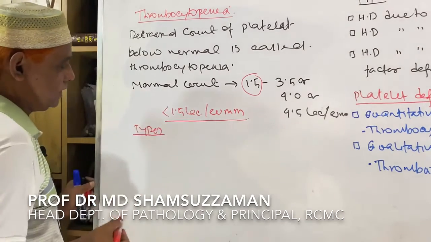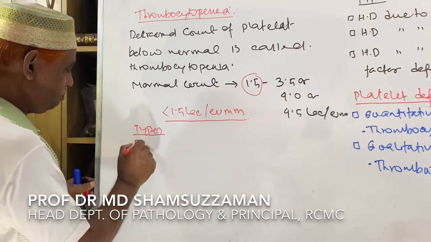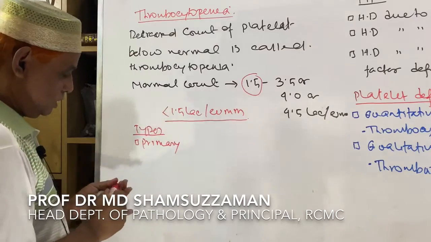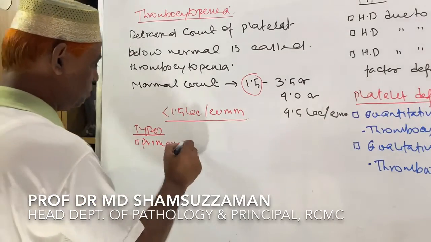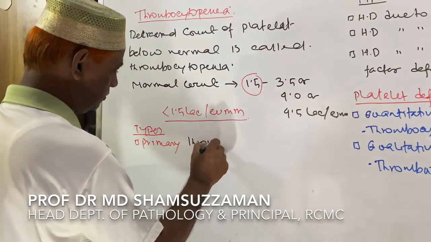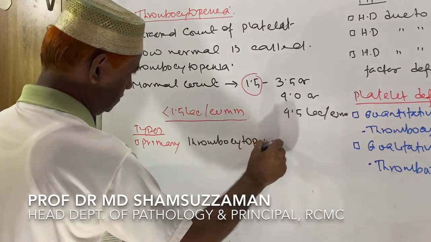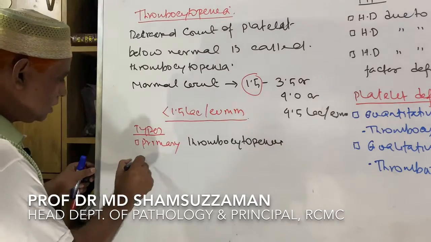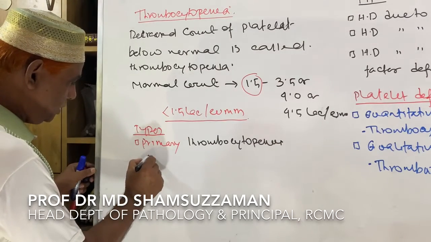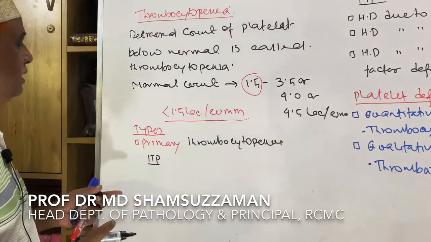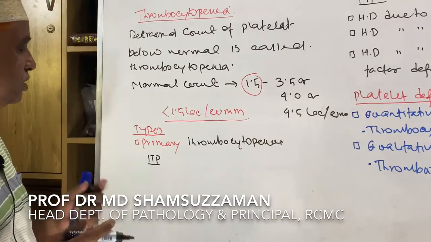It may be primary thrombocytopenia, which is called ITP. Idiopathic thrombocytopenic purpura is nothing but primary thrombocytopenia.